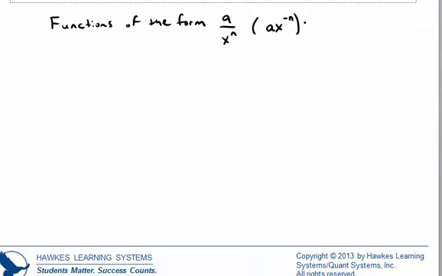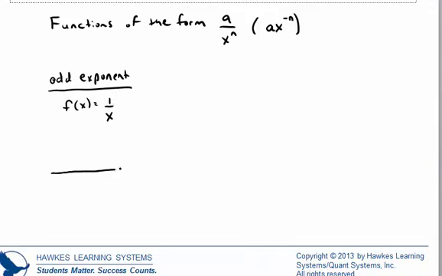Just like we saw in our first segment, these graphs fall into two categories determined by whether or not the exponent is even or odd. Let's look first at an example of the graph of an odd exponent. So I'm going to graph f of x is equal to 1 over x. And this would be, remember, a 1 exponent, so it would be odd.